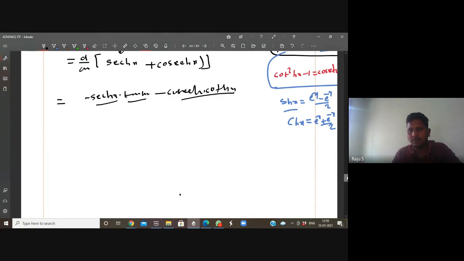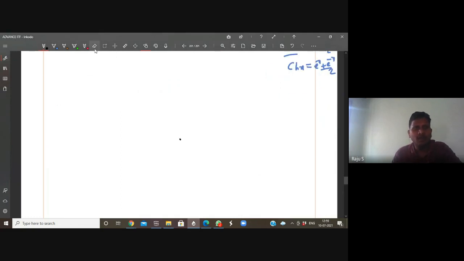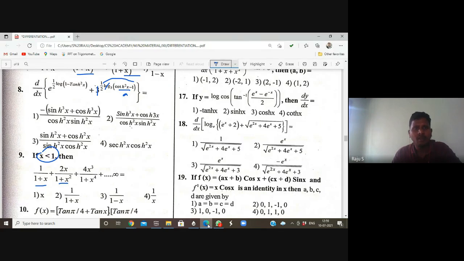See here, what is the formula for 1 plus r plus r square and so on up to infinite series when r is lesser than 1? Geometric progression, 1 by 1 minus r. Am I right? Here also same. We can easily, okay, I will tell you.